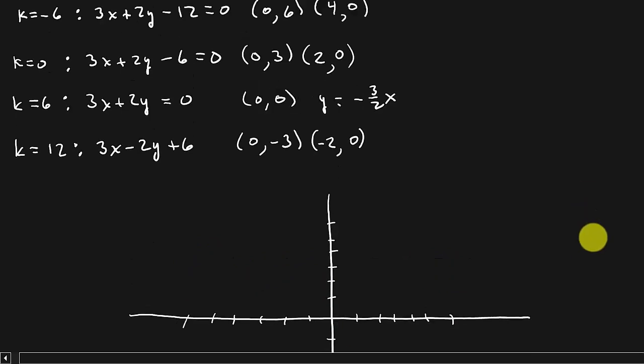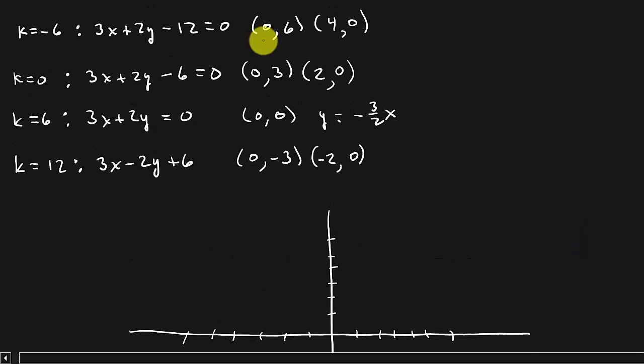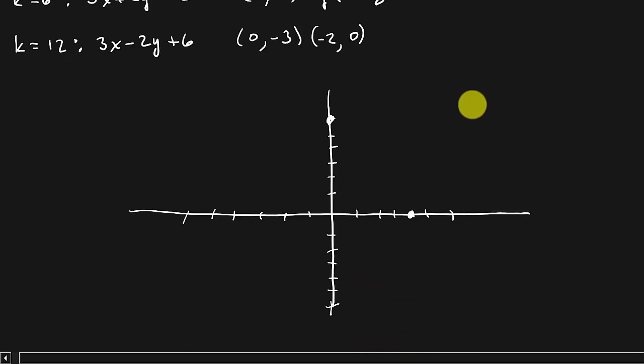All right, so for the first line for k equals 6, let's plot the point 0, 6 and 4, 0. So there's this line right here. And this is for k equal 6.